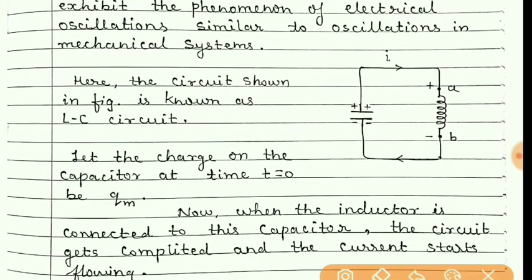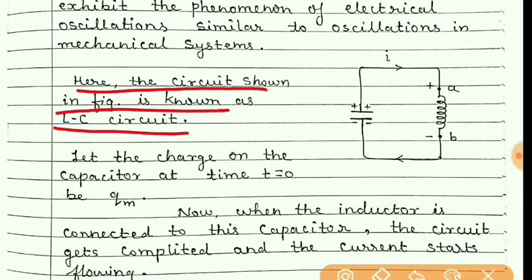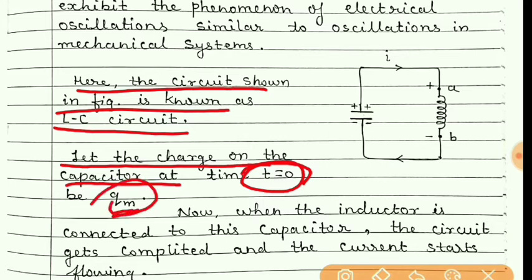Now students, here the circuit shown in the figure is known as LC circuit, as I told earlier. Now let the charge on the capacitor at time t equal to 0, that is initially, be Qm. Qm means maximum charge is present on this capacitor.